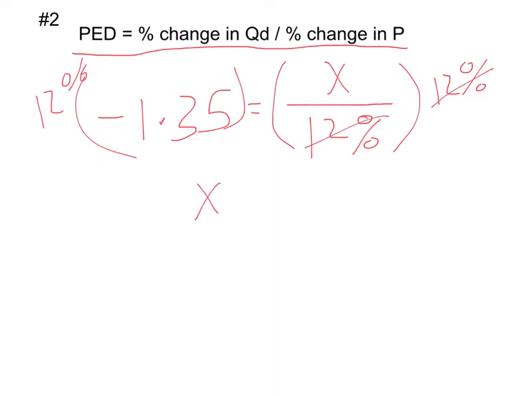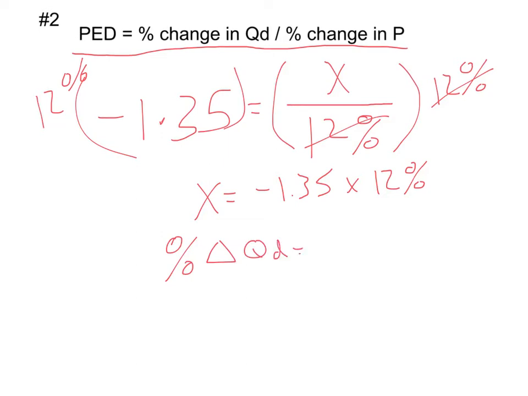We flip the sides around, we get x equals negative 1.35 times 12%, and we can do that calculation, and the percent change in quantity demanded is equal to negative 16.2%.